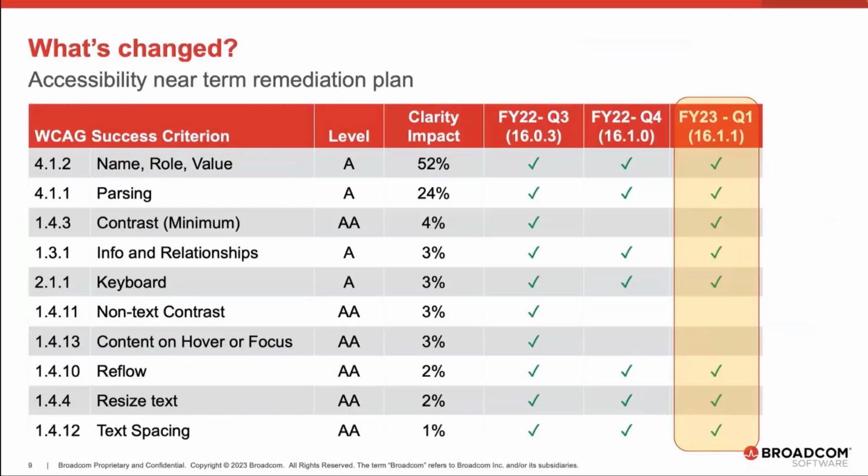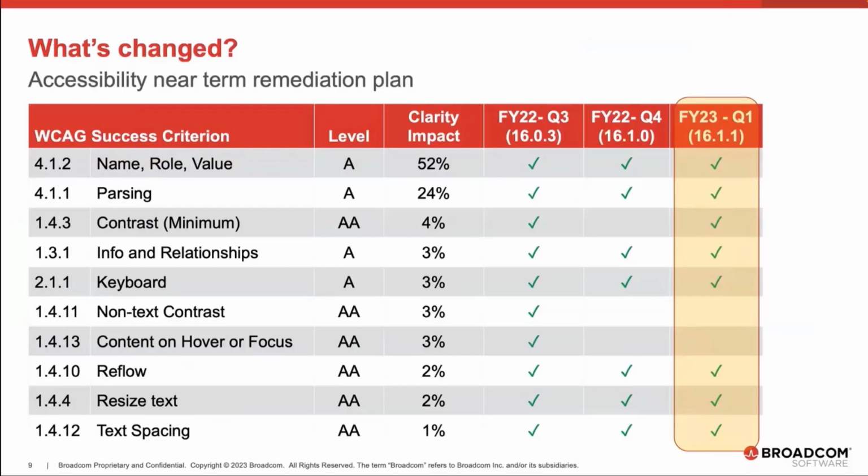So you may ask, when will the remediation for a given success criterion be complete? Like I said, the Clarity team has used the past 3 quarters remediating each of the identified WCAG success criterion. For example, no additional remediation was required for 1.4.11 or 1.4.13 in this release.